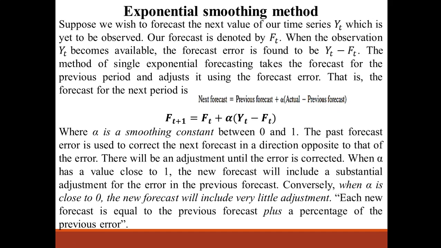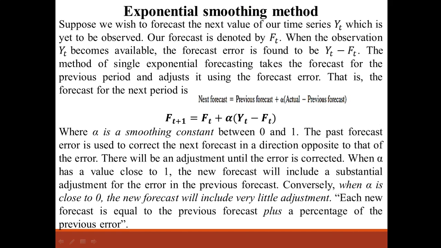Suppose we wish to forecast the next value of our time series yt, which is yet to be observed. Our forecast is denoted by ft, the forecast at time t, when the observation yt becomes available. So yt should be available. The forecast error, we know from previous lectures, equals yt minus ft.